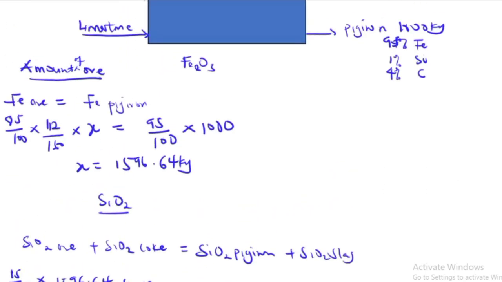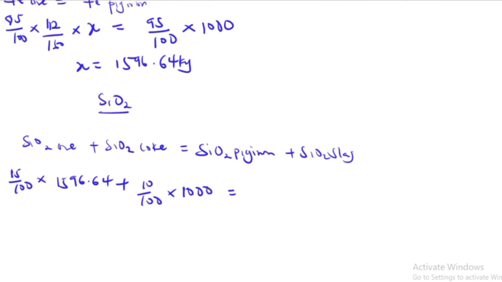So for us to find it in the silicate, we are going to use the molar mass of unknown over molar mass of known. We have it to be 60, which is the silicate, over the molar mass of known, which is the silicon, 28, times the percentage of the known, 1 over 100, then times the pig iron mass, which is 1000, plus silicate slag.